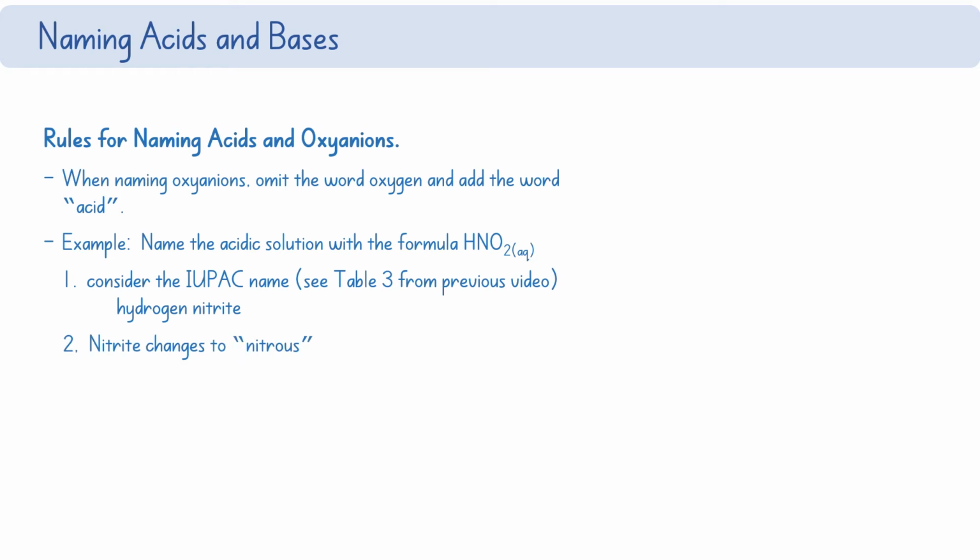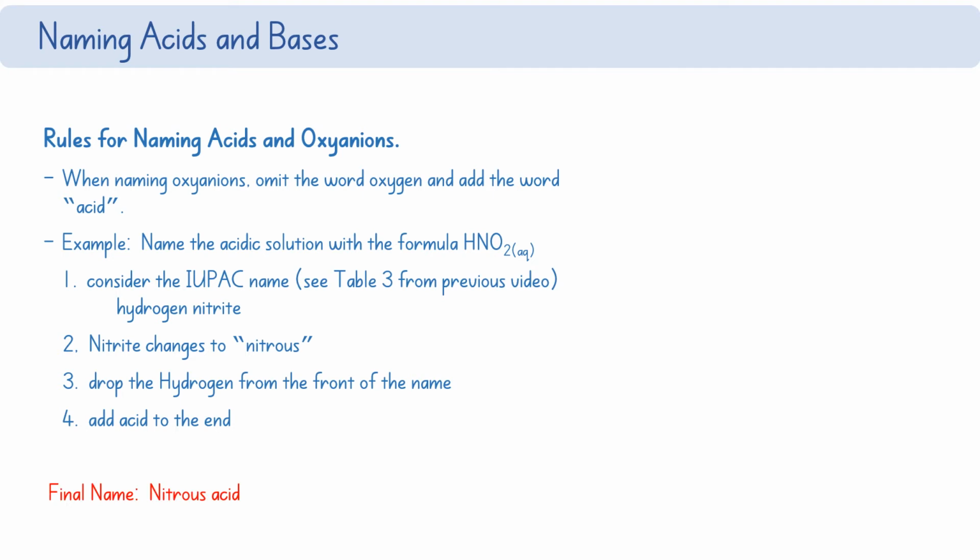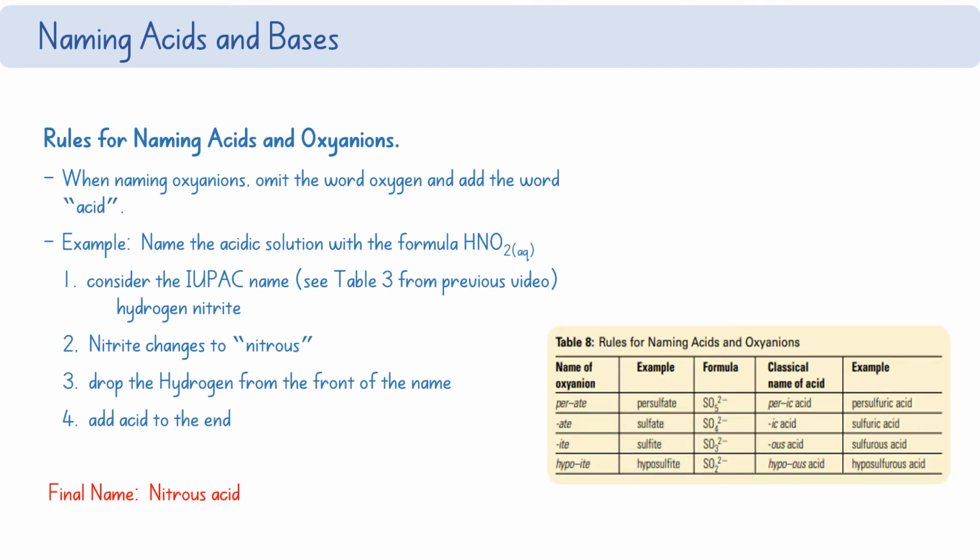Nitrite changes to nitrous. Drop the hydrogen from the front of the name, add acid to the end. So the final name would be nitrous acid. Here is a table showing the rules for naming acids and oxyanions.